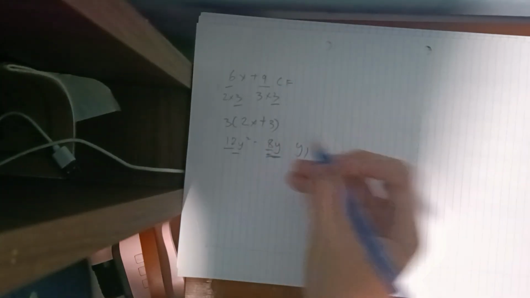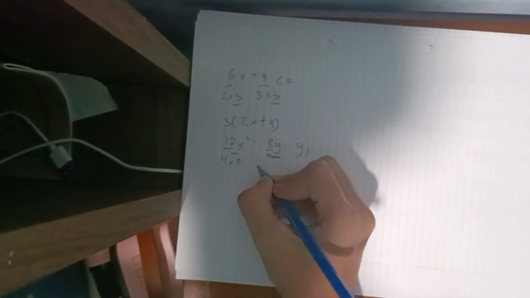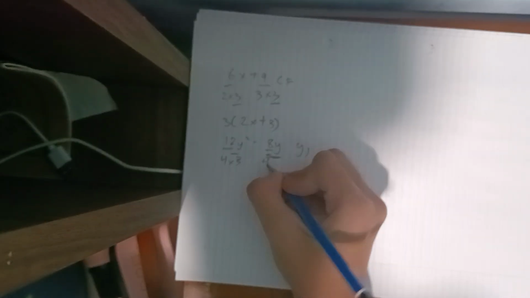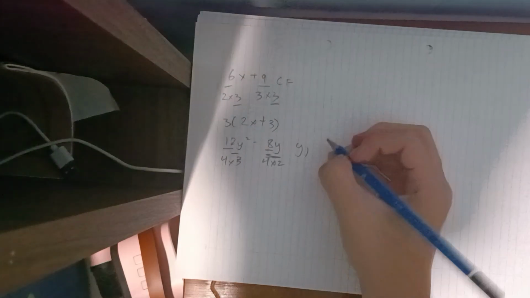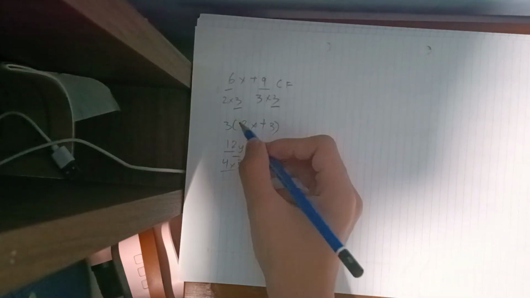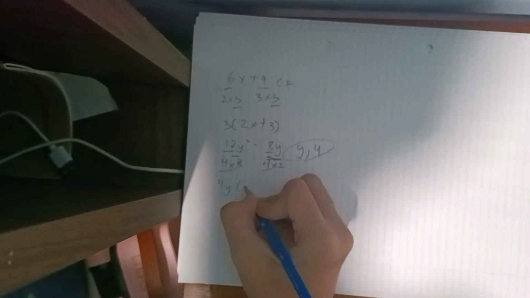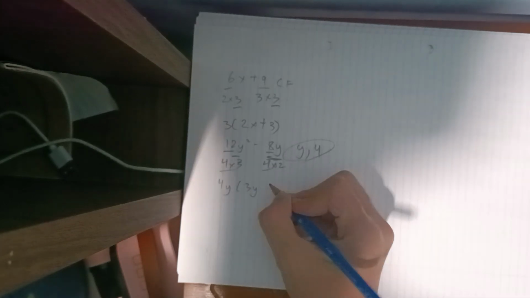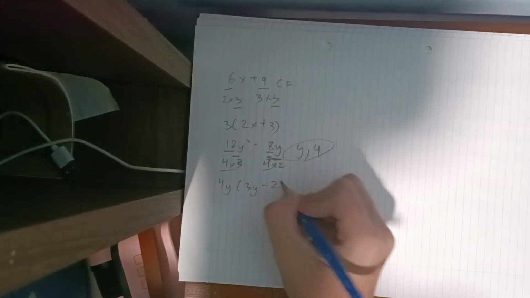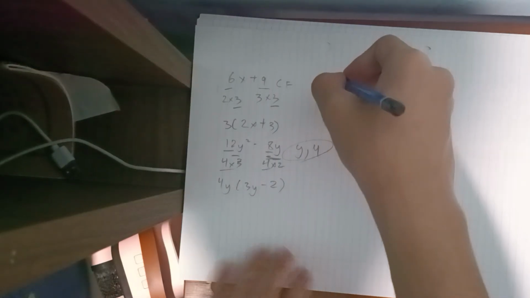Now we have 12 and 8, which both share a common factor of 4, so we can pull that out as well. Once again, we can put this value outside of the bracket. So 4y(3y minus 2). Okay.